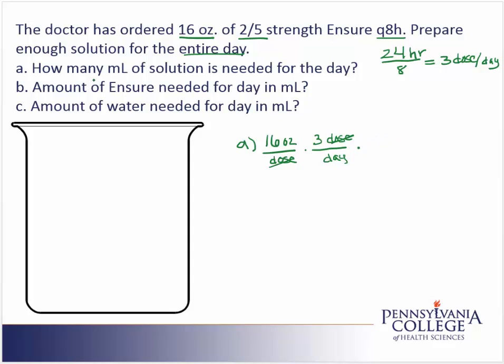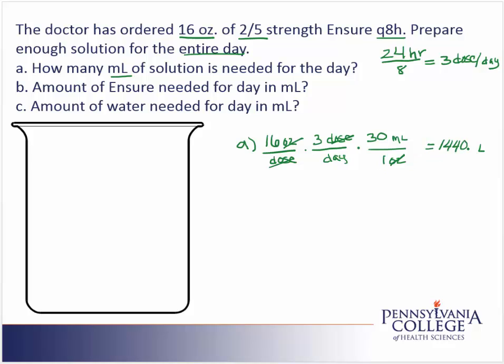Now, I'm supposed to get an answer in milliliters, but I'm currently in ounces, so I have to bring in a memorized conversion. And I have memorized that 1 ounce is the same as 30 milliliters. So that allows me to cancel the label of ounces. So when I do my math, I come up with a total amount of 1,440 milliliters.